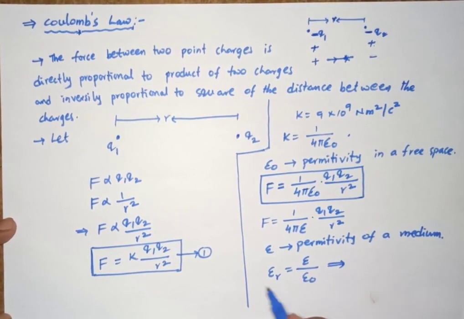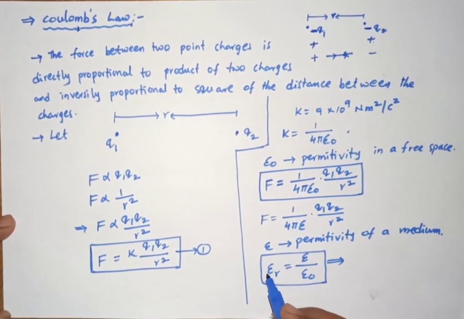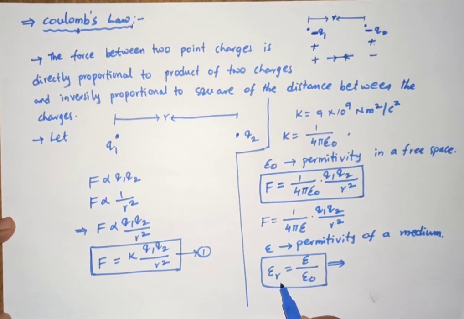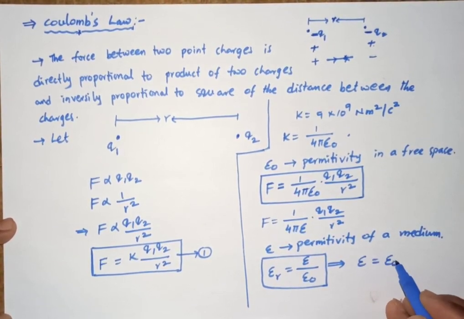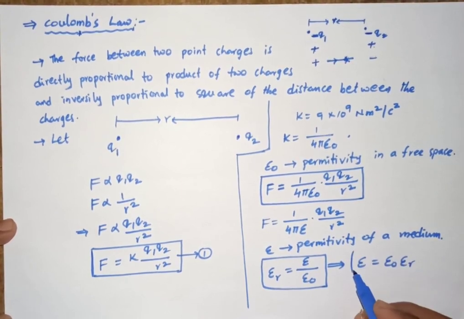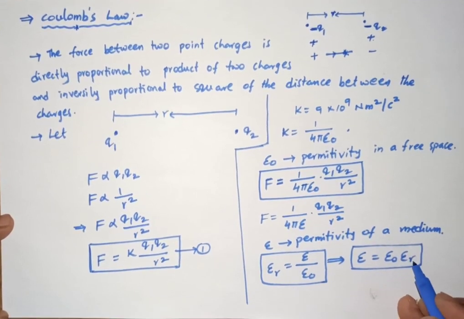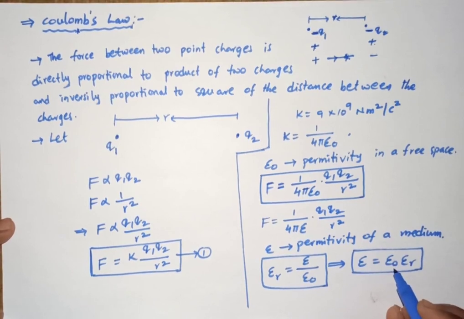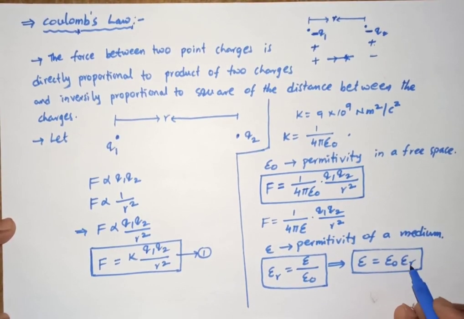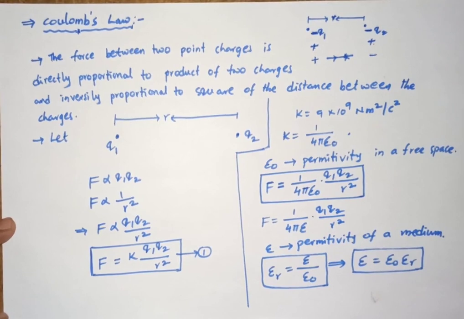So relative permittivity epsilon r equals epsilon by epsilon naught, or epsilon equals epsilon naught into epsilon r. This is the relation between epsilon r and epsilon.